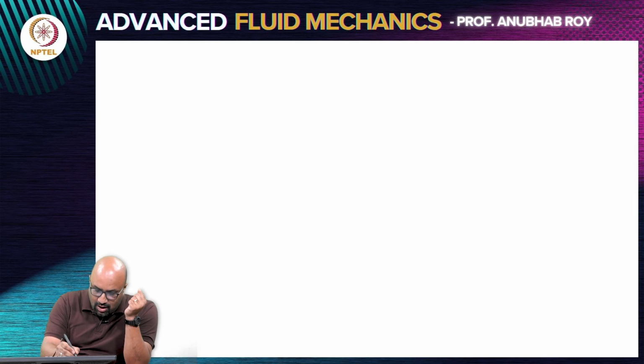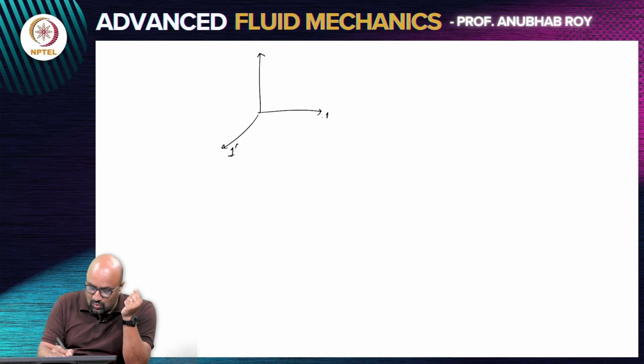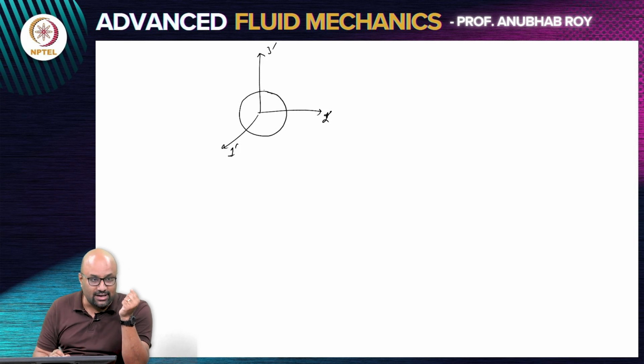So, let us draw a diagram with our coordinate system 1 prime, 2 prime and 3 prime, and draw an initial volume which is differential in size. There is a point in the middle, and I imagine the second point to lie on the surface of this small sphere. I have this differential sphere; by differential I mean that the volume is very small, so the dimension of this sphere scales with dr. I am choosing the second point to lie on the surface of this sphere.